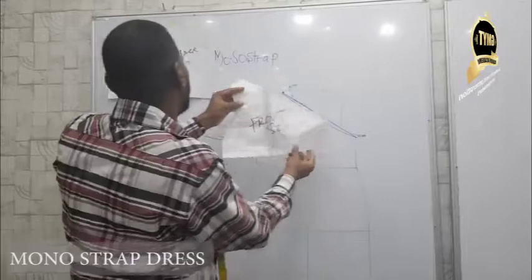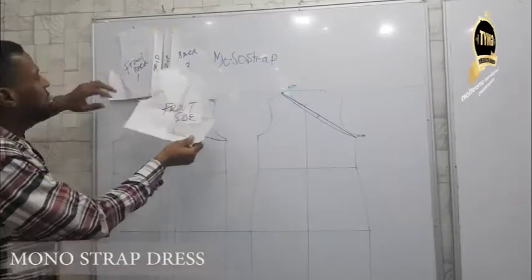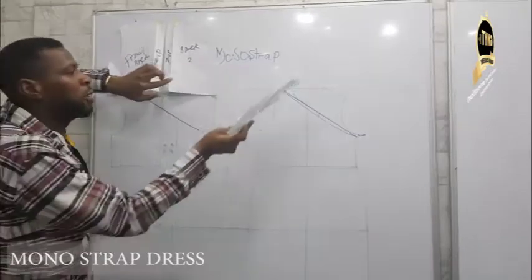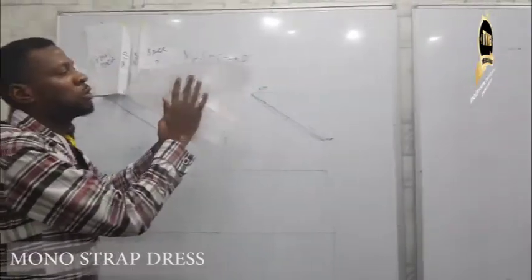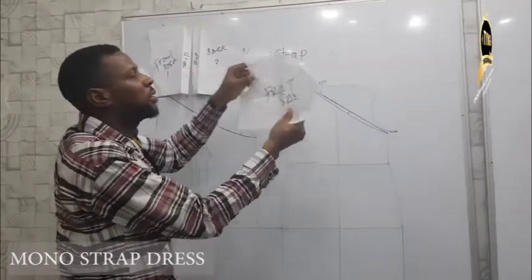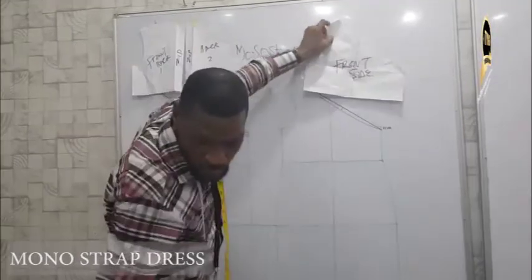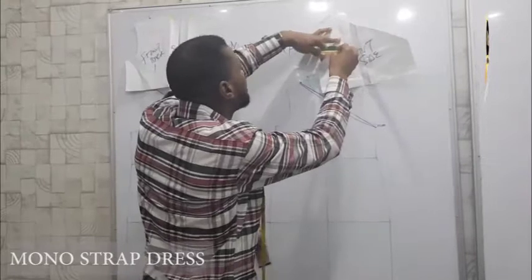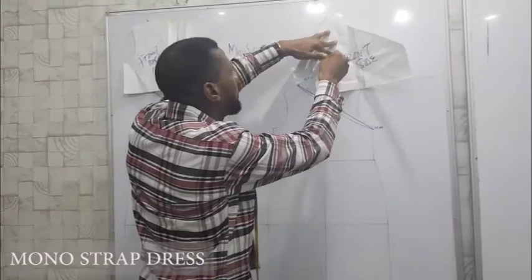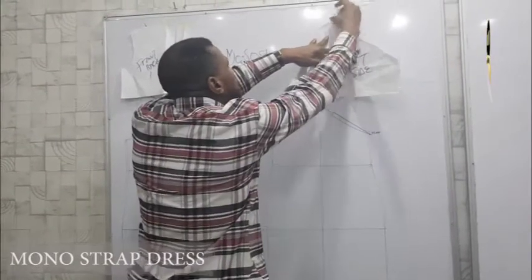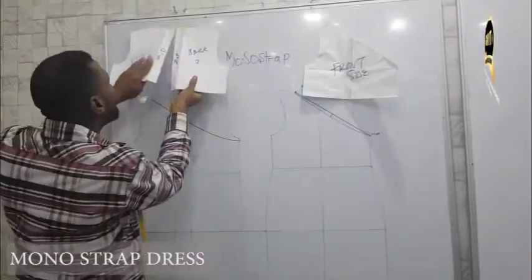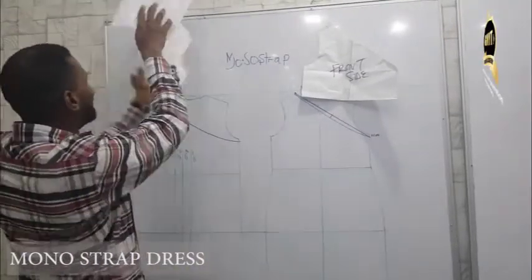Now, I already cut this, but I'm saying that instead of cutting this from here, for those of you that are working, place this one. Since this one is the right side, make sure that this one is this way. Then ensure that the back is facing it this way.